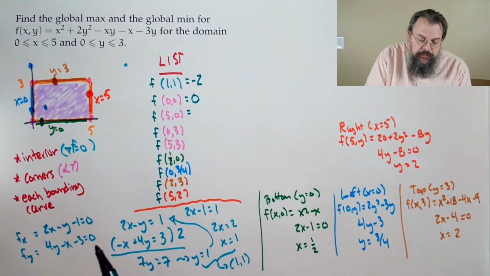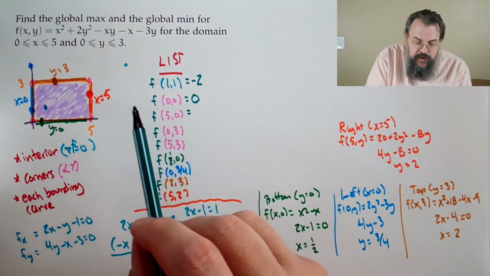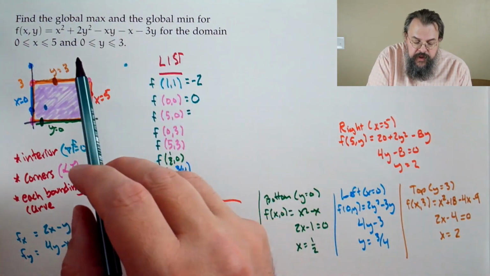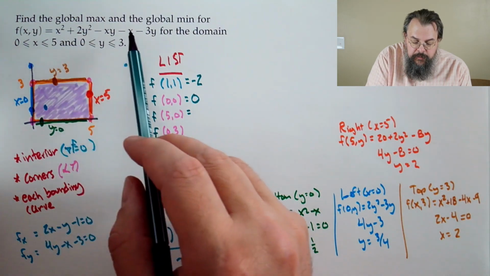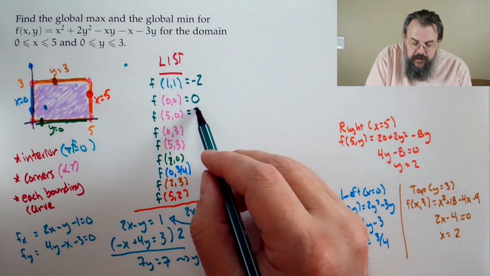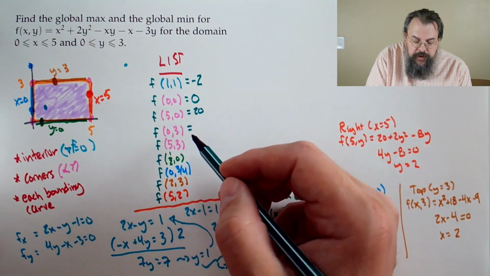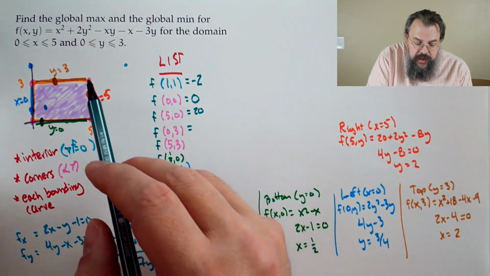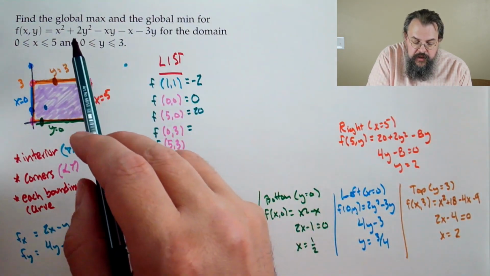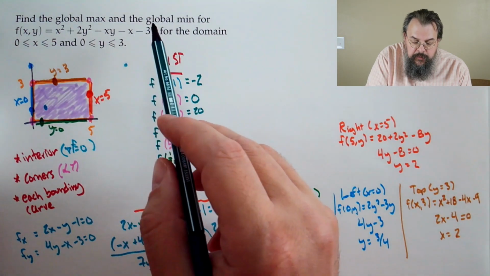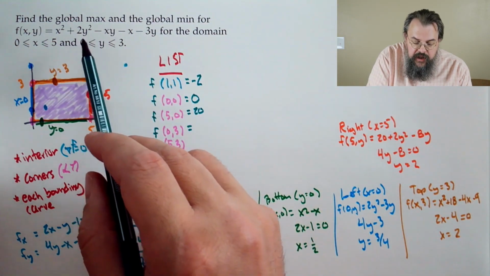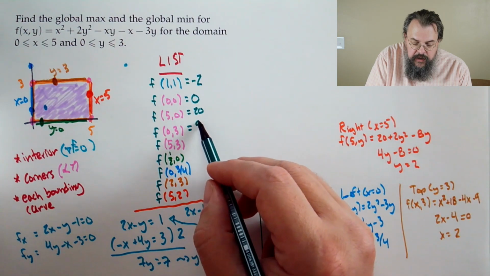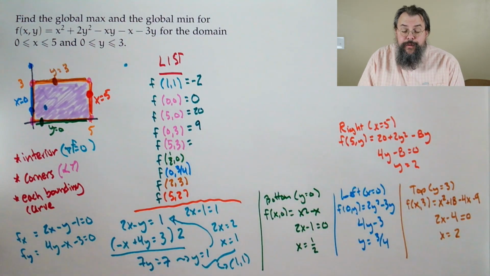Well, you plug in y equals 0, you have a lot of terms canceling, and you're left with 5 squared minus 5, which is 20. Oh, that's pretty big. How about (0, 3)? Everything with an x goes away. 2 times 3 squared minus 3 times 3. That's 18 minus 9, which is 9. Now (5, 3).